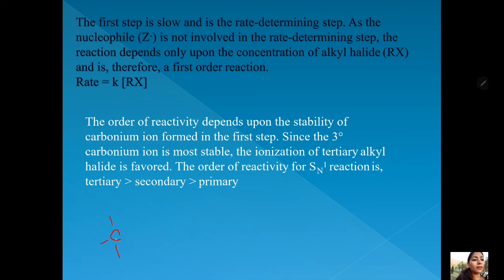Suppose a primary carbonium ion is present like this. One is a secondary and the third one is a tertiary.